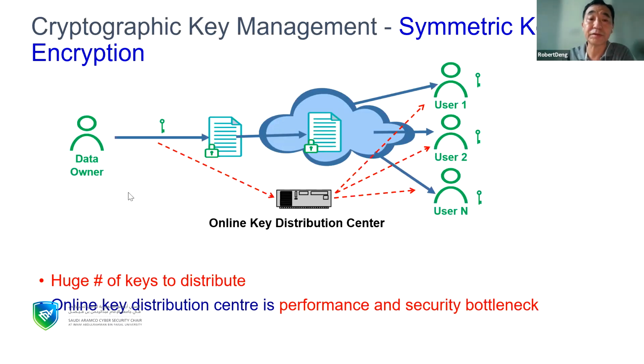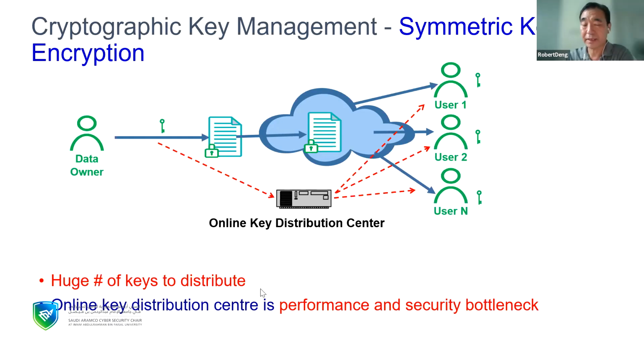When the user is performing encryption on the left, he will generate a key, encrypt his data, upload it to the cloud, and pass that key to the server. And the server will redistribute the same key to the potential users who are going to download ciphertext and perform decryption. So the KDC is involved all the time in every step of the encryption and decryption operations.